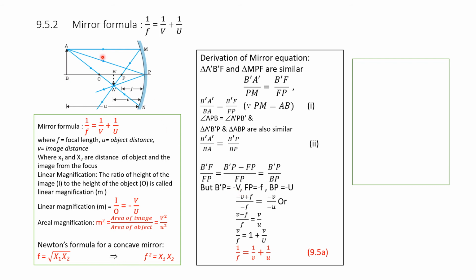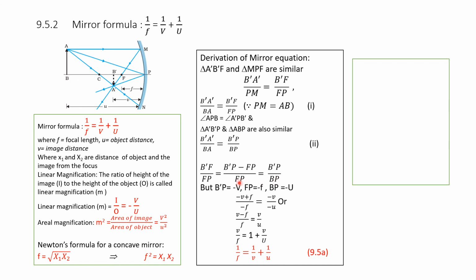See, the ray is traveling from left to right and distances are measured from right to left, so all these things will be negative. B'P will be minus V, because we are measuring distance from the pole to here. FP is equal to minus F and BP is equal to minus U, all in the case of a concave mirror.